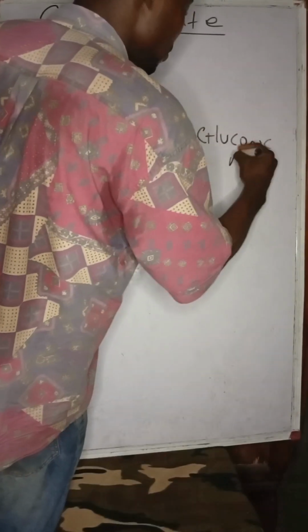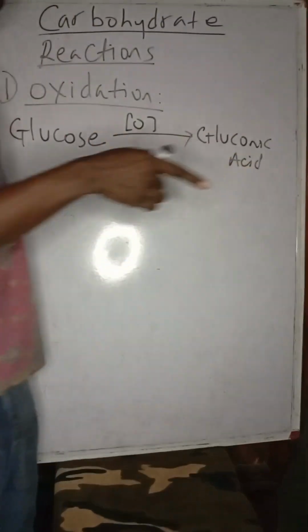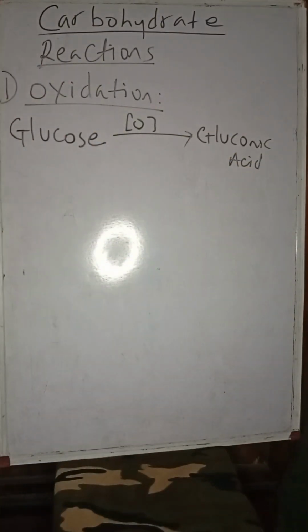On oxidation with a mild oxidizing agent, if you oxidize glucose, you get gluconic acid. Even when you oxidize fructose with a mild oxidizing agent, you get gluconic acid. Why? Fructose is a ketone sugar. Please take note, all monosaccharides are reducing sugars because the ketone group can easily rearrange to an aldehyde group via enediol rearrangement, or what we call the Lobry de Bruyn rearrangement.